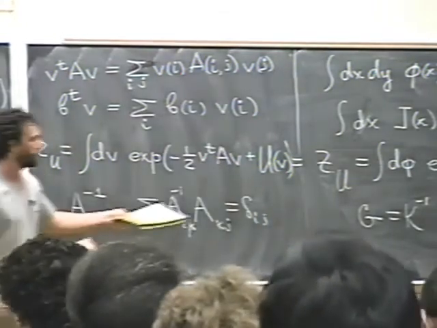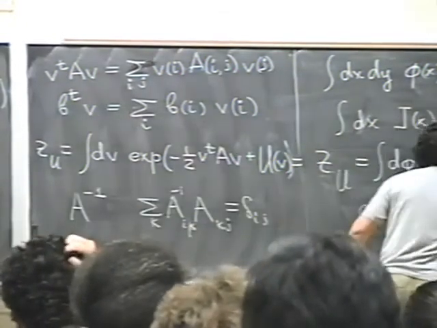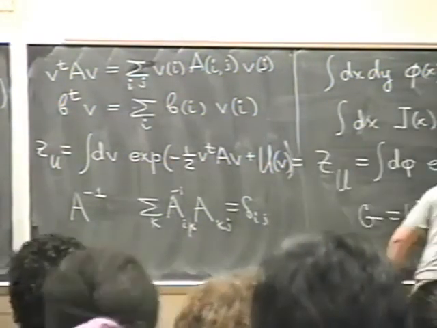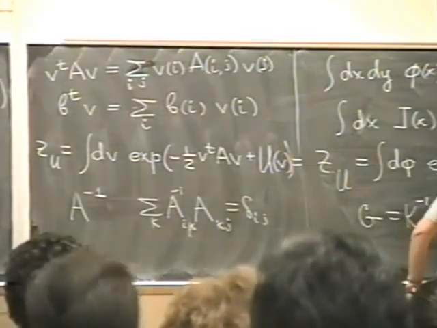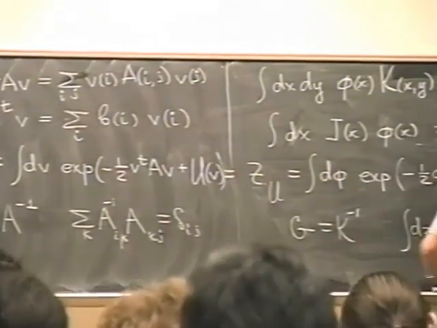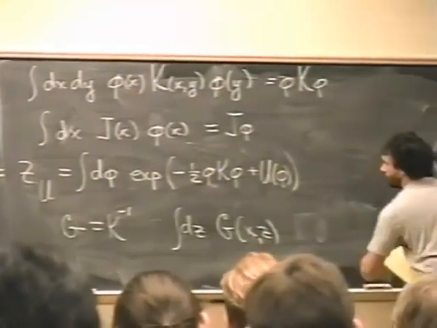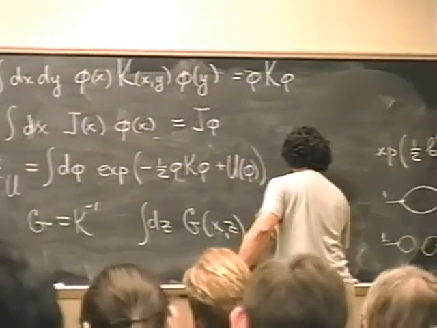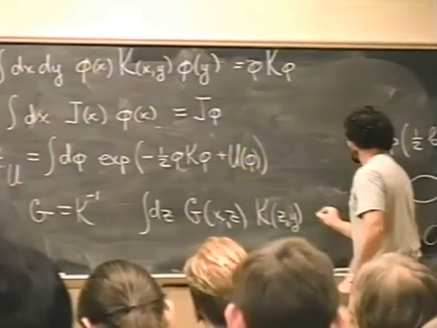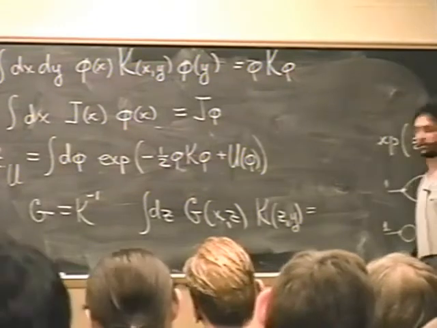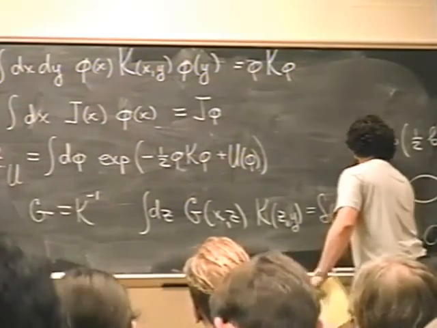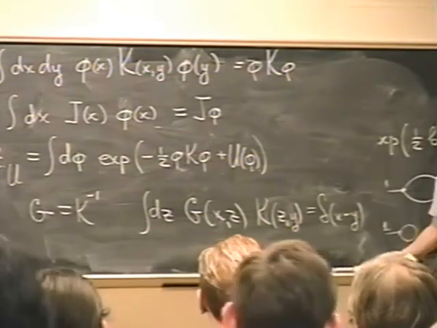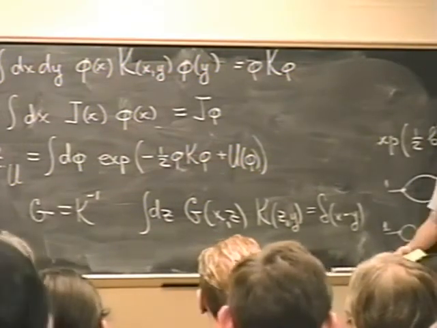delta ij. So here it means that the integral over dz of G(x, z) times K(z, y) equals the delta function of x minus y.